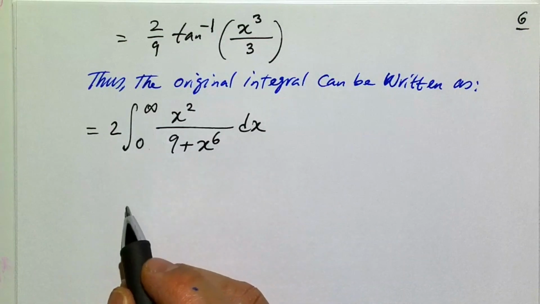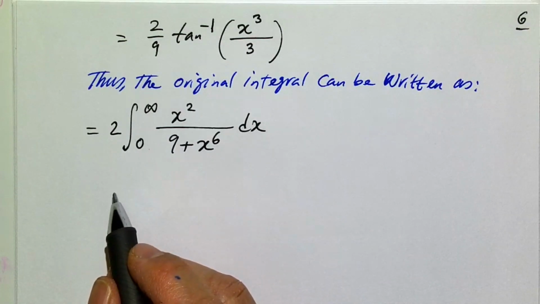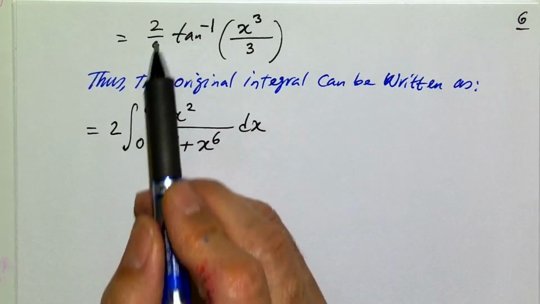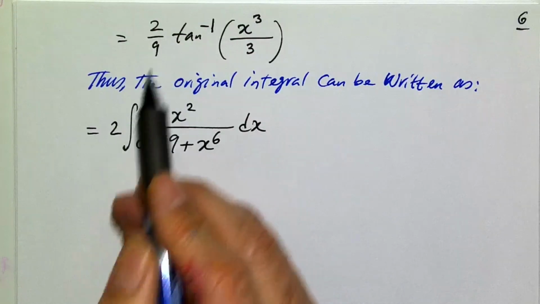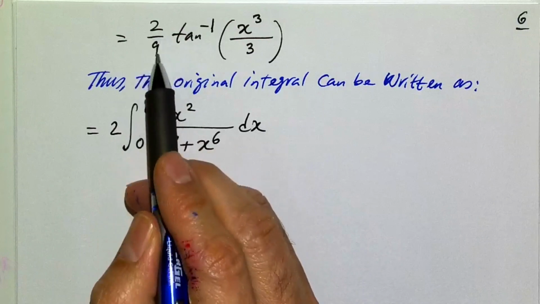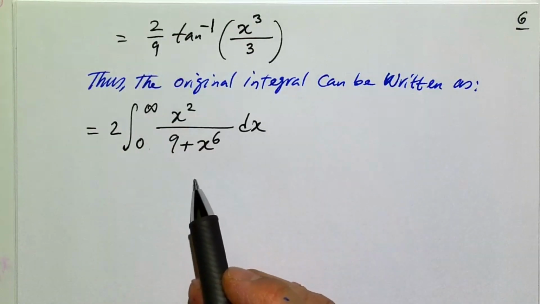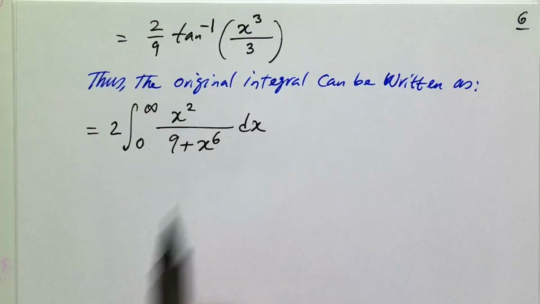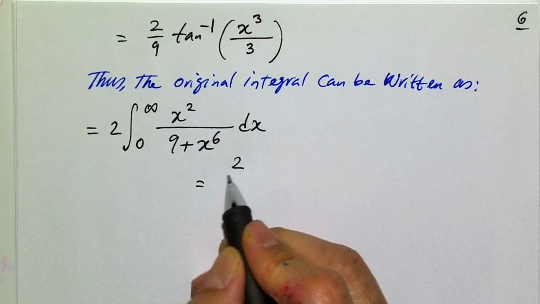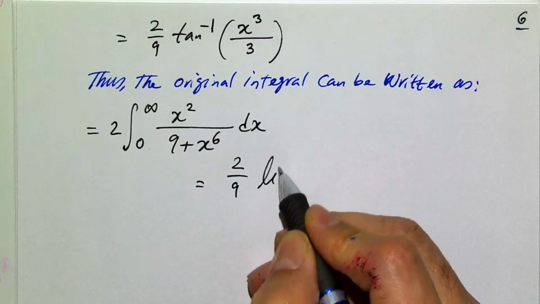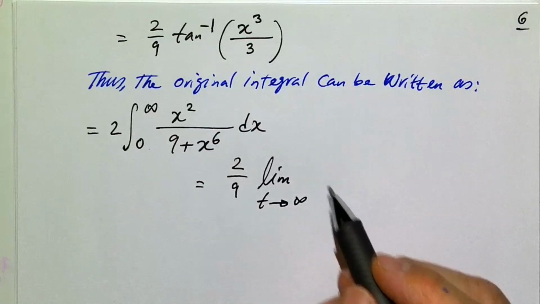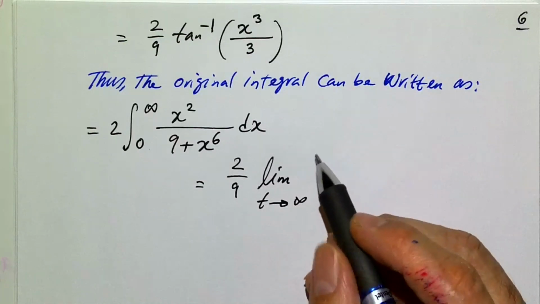By the way, this 2 is already included in that. It's already part of this 2 over 9. So this is equal to 2 over 9 times the limit as t goes to infinity of the integral.